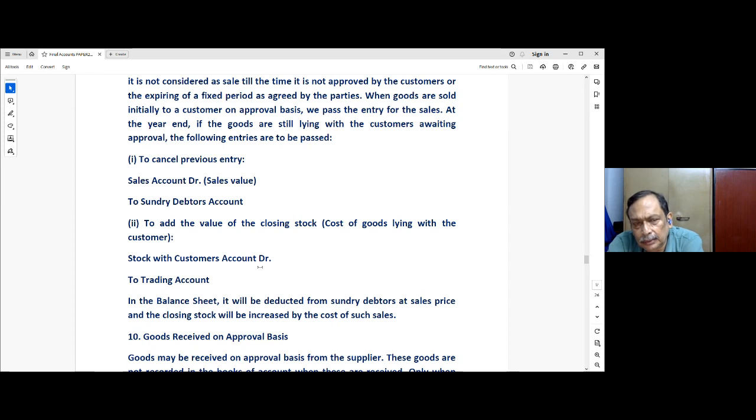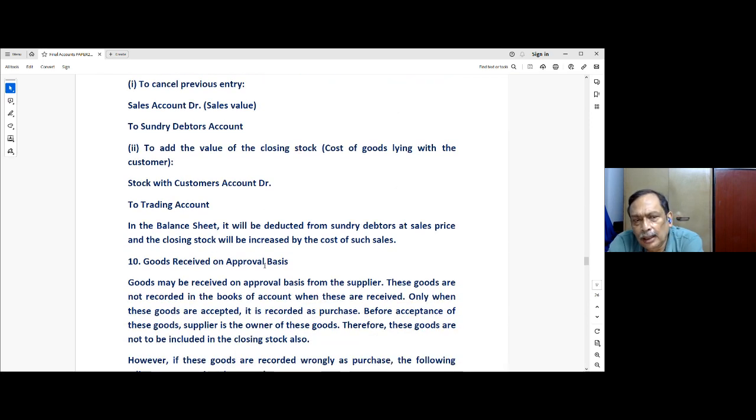Number two, to add the value of the closing stock. That is cost of goods lying with the customers. Then the entry will be stock with customers account debit to trading account. In the balance sheet, it will be deducted from Sundry Debtors at sale price, and the closing stock will be increased by the cost of such sales.